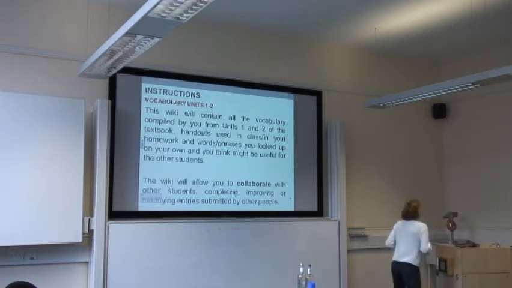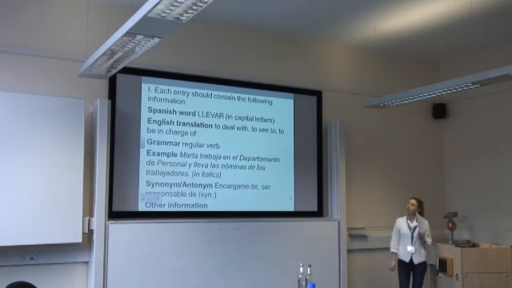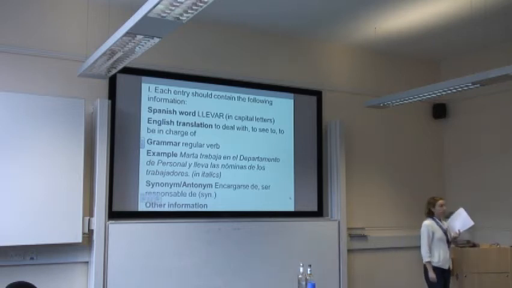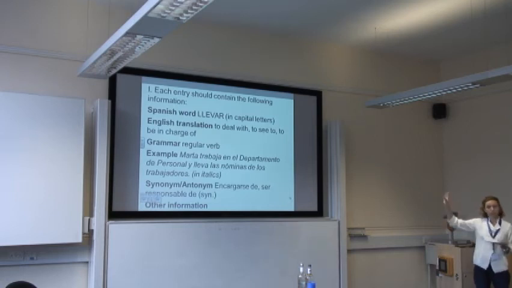Then I give them a sample entry, and this is the format that they have to follow for every single word that they want to include in their dictionary. They have it there in the instructions to follow when they prepare the dictionaries.